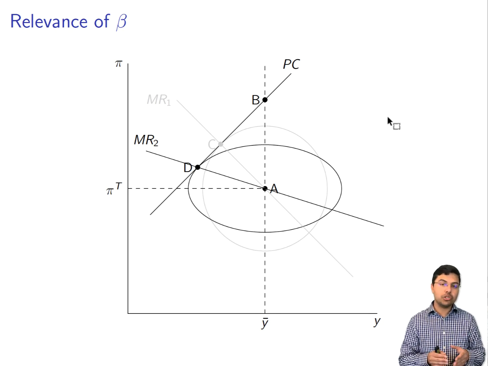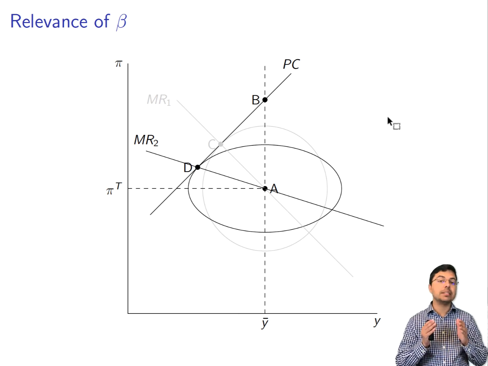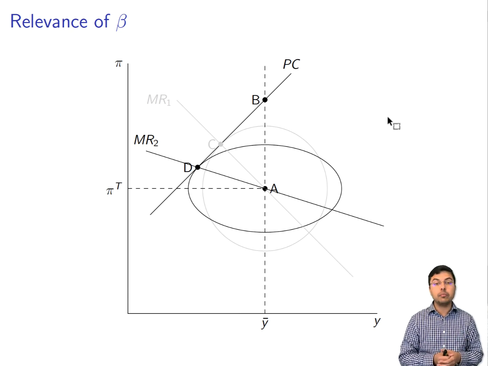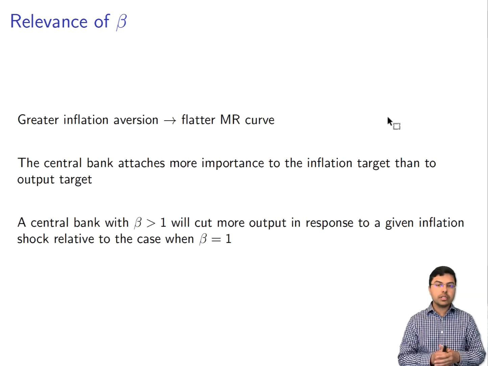With the same logic in reverse, when beta is less than 1, the MR curve will have a steeper downward slope than MR1. And what does a flatter MR curve mean in this instance? What this means is that the central bank attaches more importance to the inflation target than to the output target.